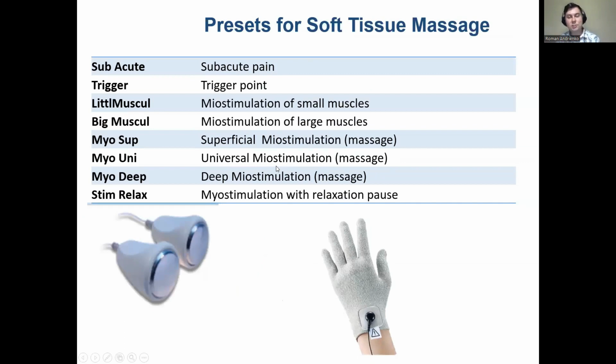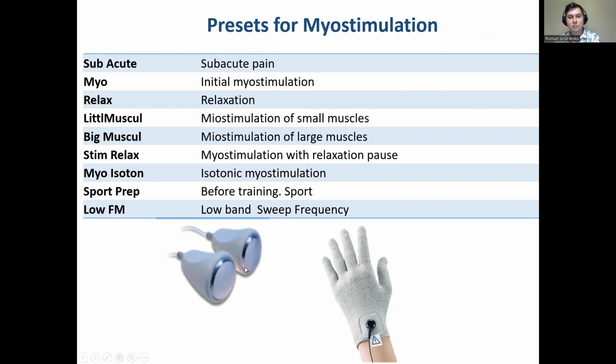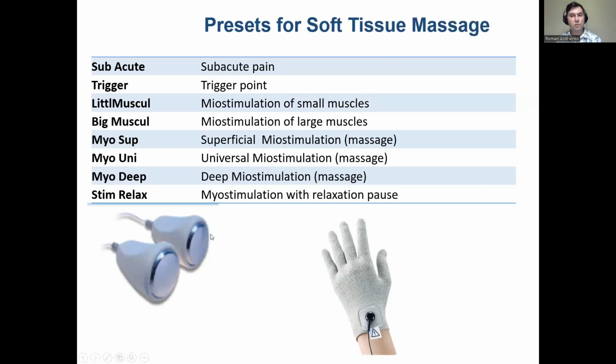If we're looking for soft tissue massage, and also pay attention that we can use both pons as a split electrode and conductive gloves, we are considering these presets in the very first place.